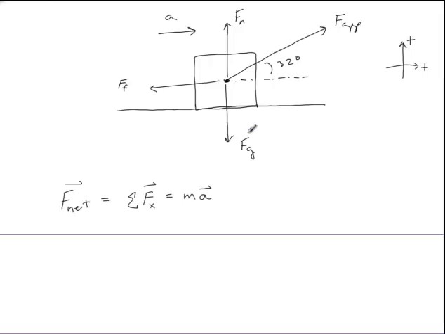So let's figure out, we're calling right positive, so let's do ma, and then we're going to sum our forces. Force of friction is negative, so negative force of friction, and then we're going to do plus force applied in the x direction.